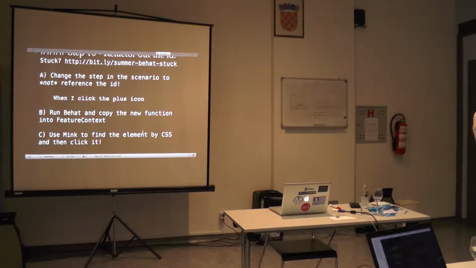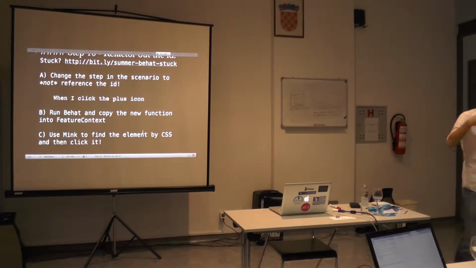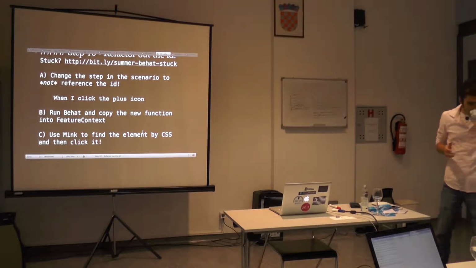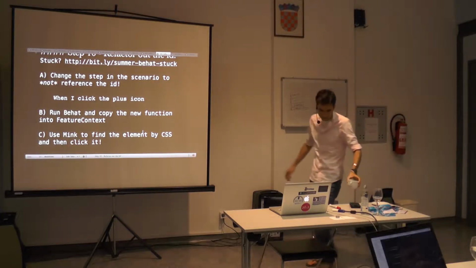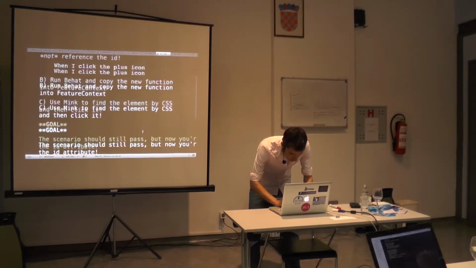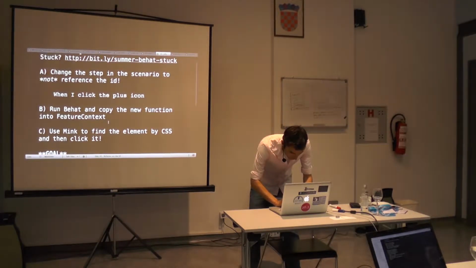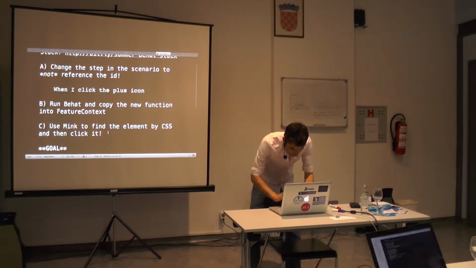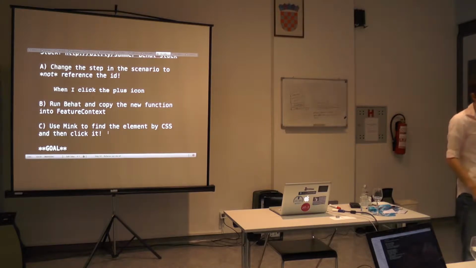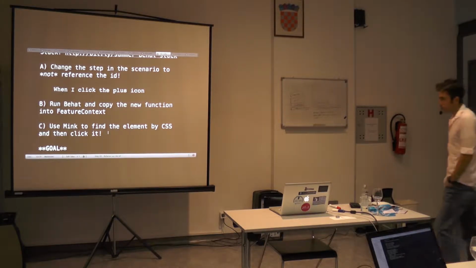And then for the actual body of that function, we'll do that part together. But we're going to use Mink to actually find the element by CSS, and then click it. So change the text to use that, run Behat, it's going to print the function out, copy the function to the feature context.